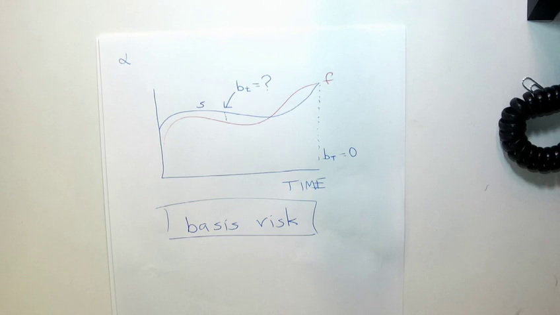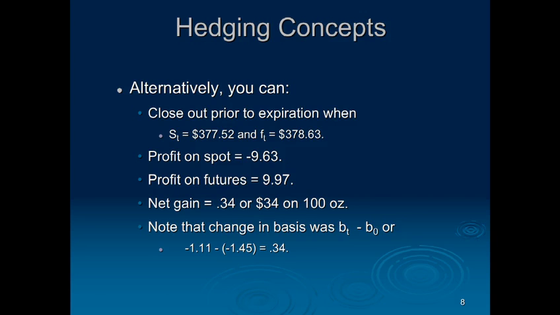However, what happens if I actually close out my position prior to expiration? Well, then suddenly the spot does not have to equal the futures contract price. Here, the spot is still less than the futures.